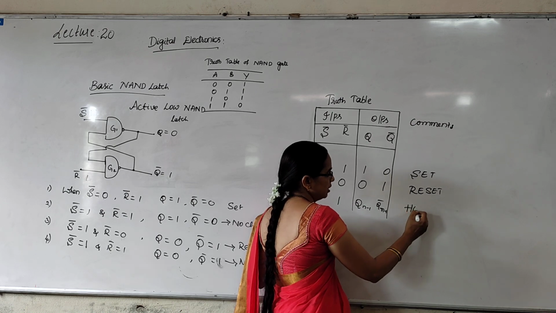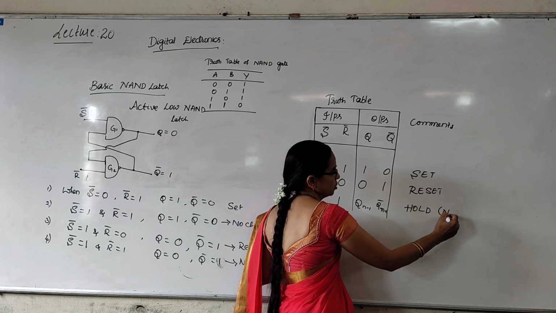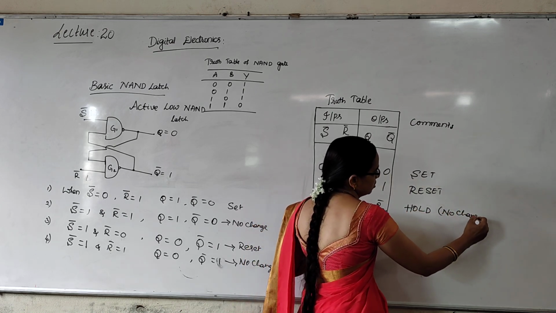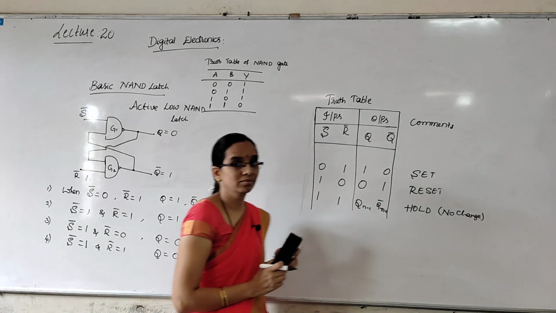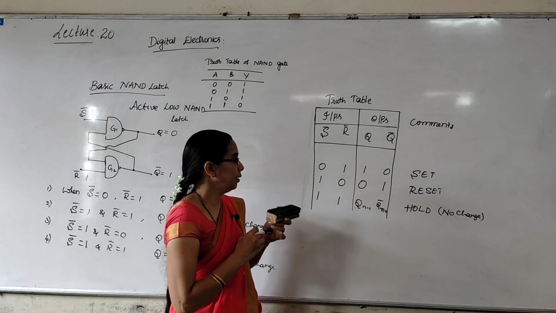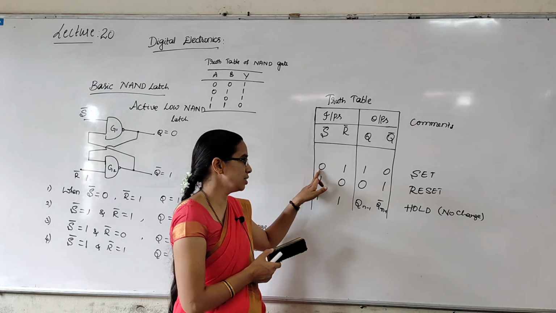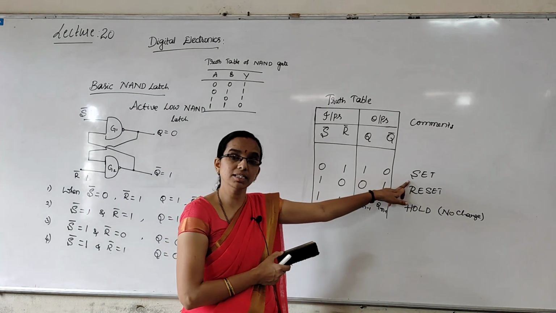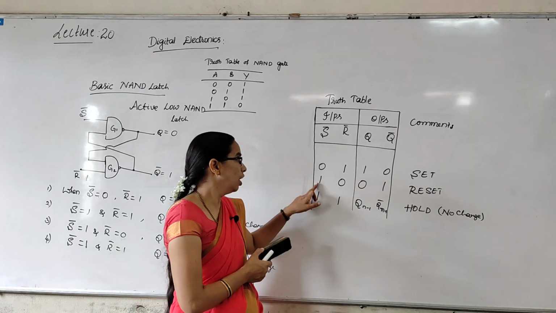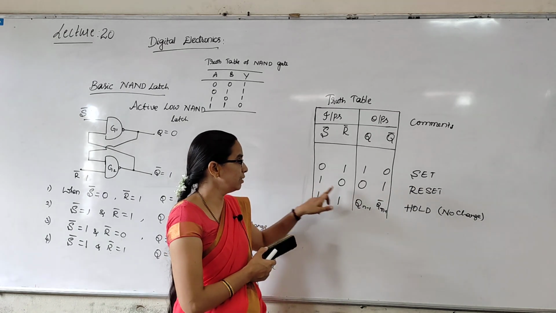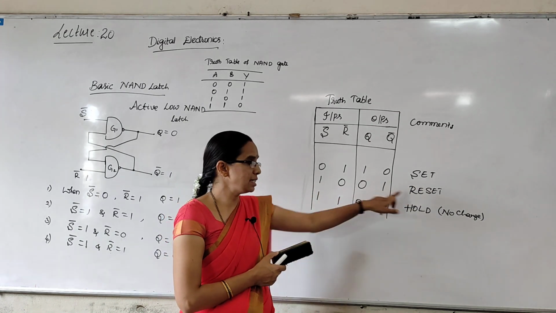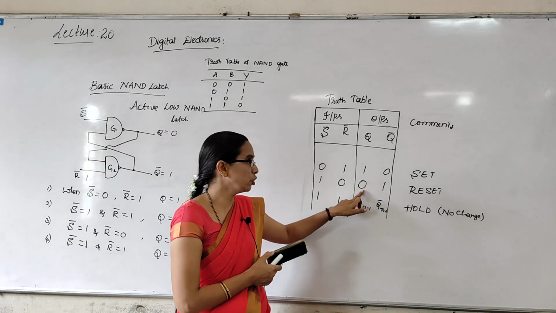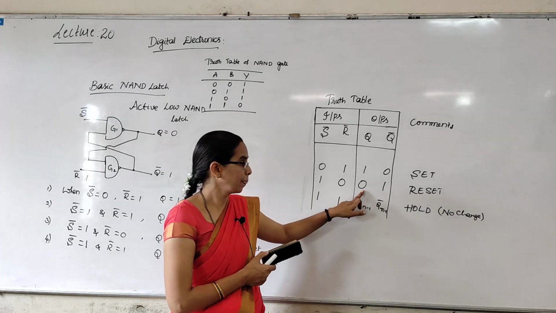So hold condition, or no change, or memory status, whatever you want you can call it. By making S bar 0, R bar 1, I could store 1, that means I can set this latch. By making S bar 1, R bar 0, I could reset it, because the Q output matters.